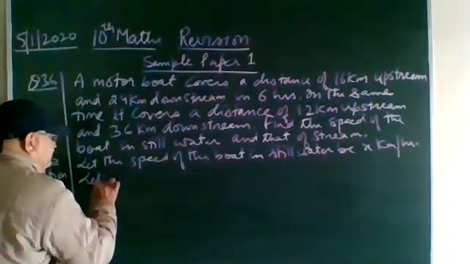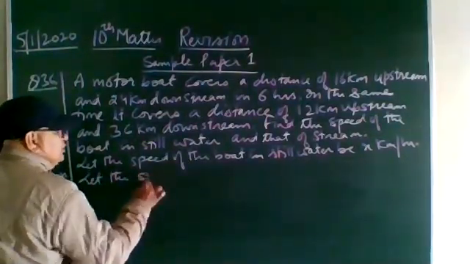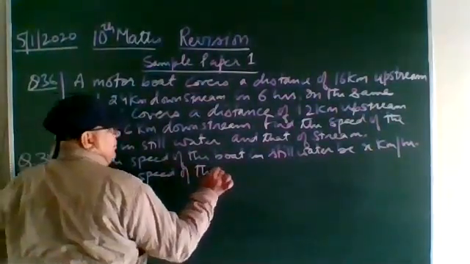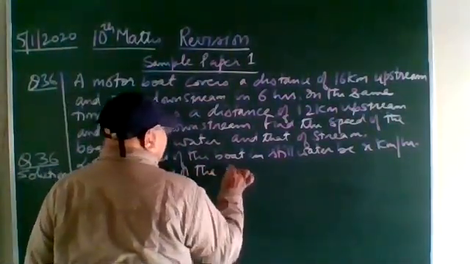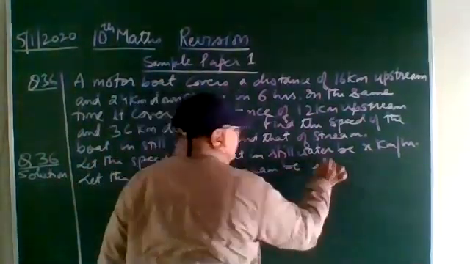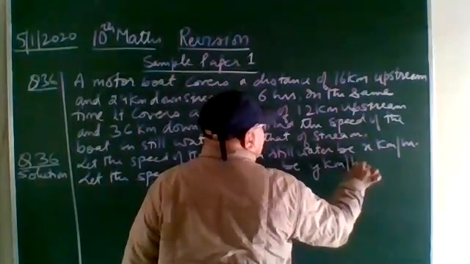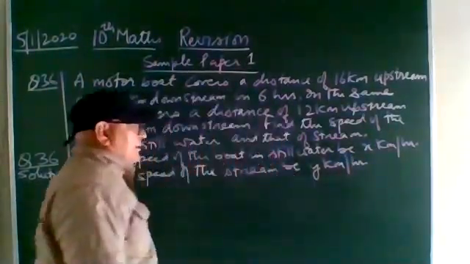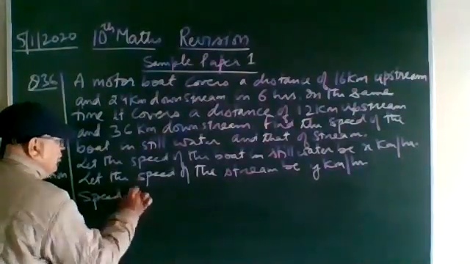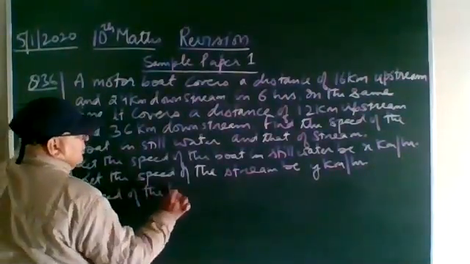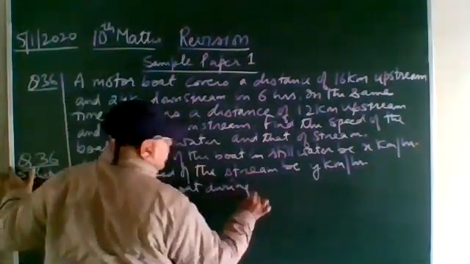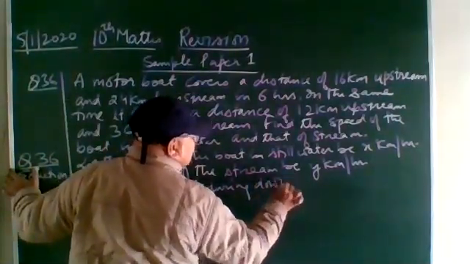Let the speed of the stream be y kilometer per hour. After that, write the speed of the boat during downstream.